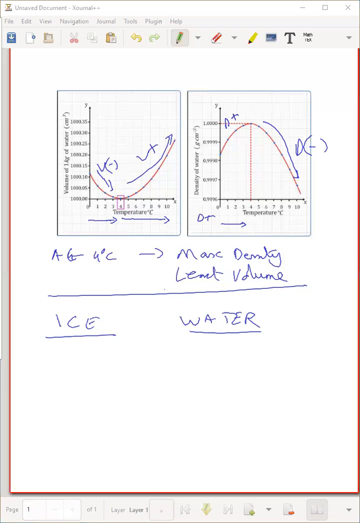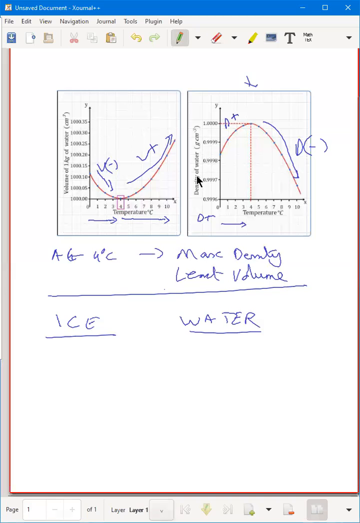So the density of ice is slightly less than that of water. So what will happen because of that? It will float in water. Yeah, it floats in water, it becomes lighter, right? So ice is less dense than water. So you see over here itself, this is the chart which can explain to them.